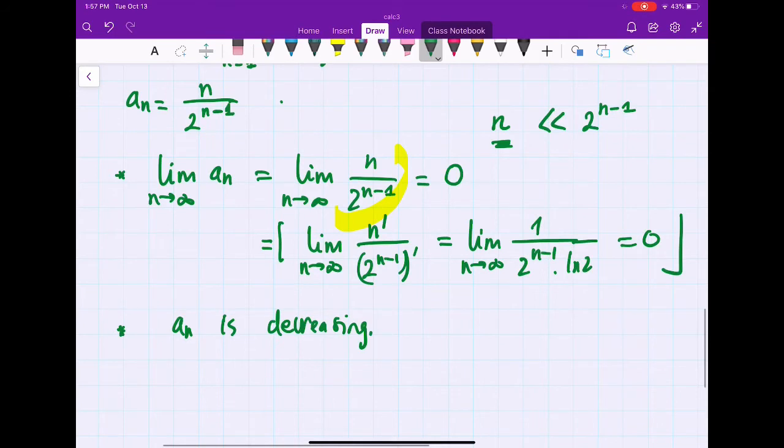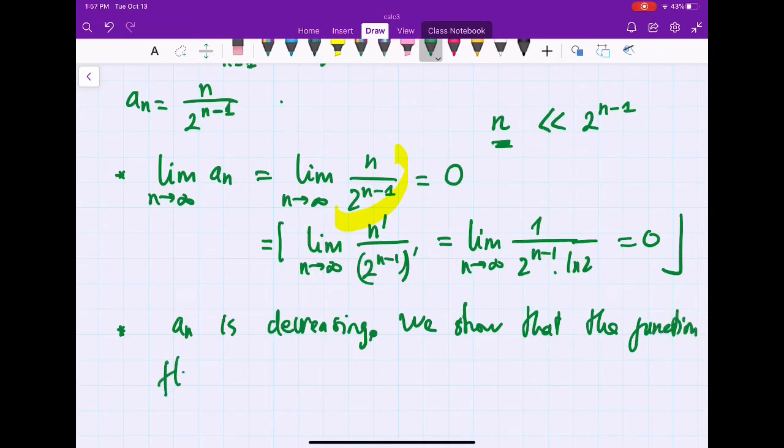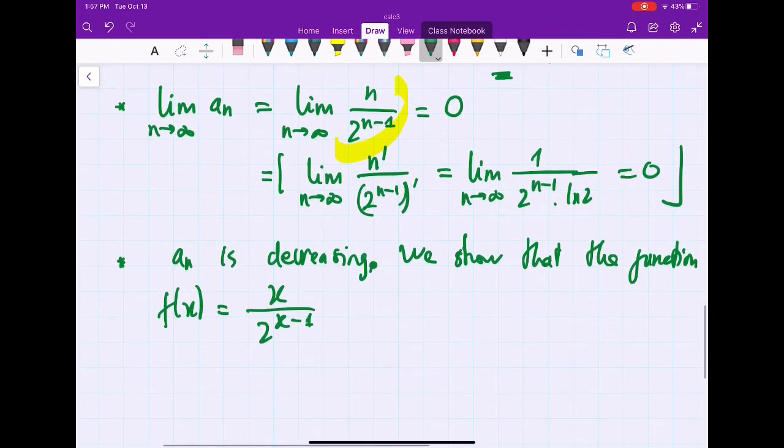Now let's check that a_n is decreasing. I will do it in a general way. I will show that the function f(x) equal to x over 2^(x-1) is decreasing. Okay, so you need to differentiate that.